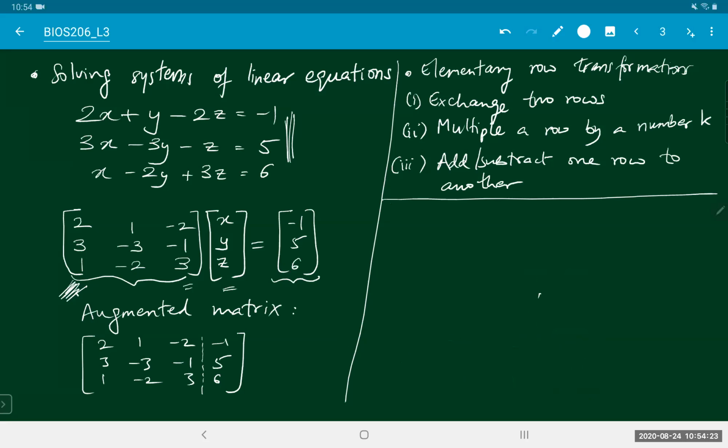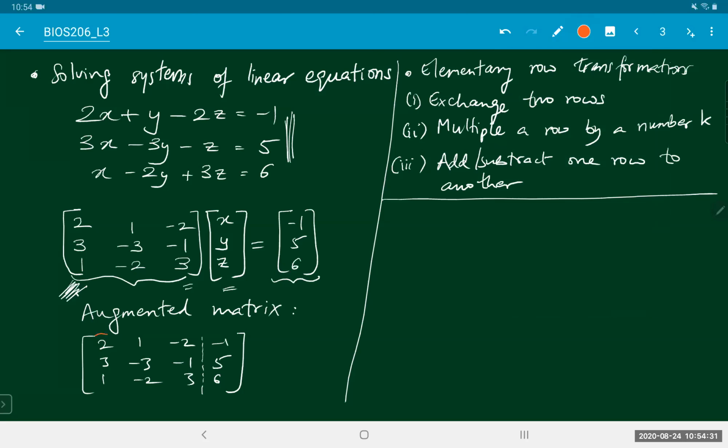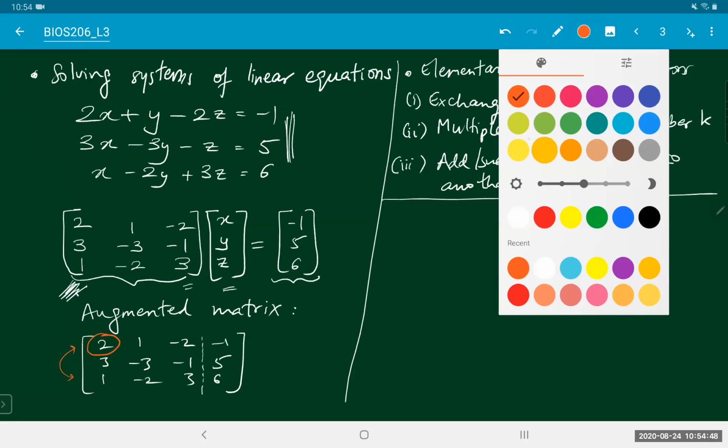So we'll use the following. First, let's use a different color. I want to try and make the number over here 1. How should I do that? The simplest thing to do is to exchange the first row and the third row, because then I will get a 1 over there.